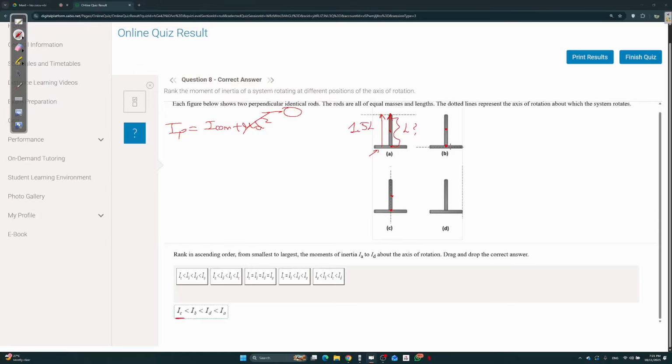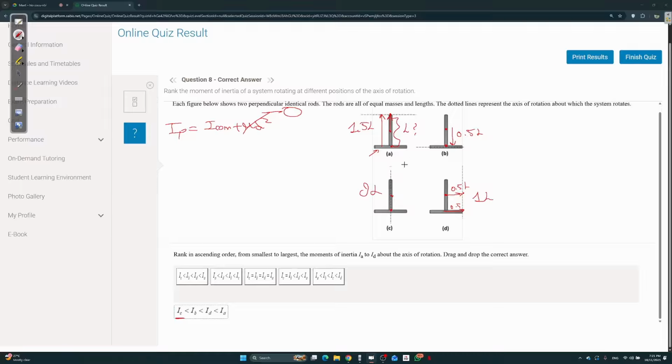The axis is at the bottom, flat, so the total distance you're adding is only 0.5 L. From this center to this center it's half, and from this center to this center it's half, so in total you're adding 1 L. Over here, we're adding 0 because all the points are on the axis.